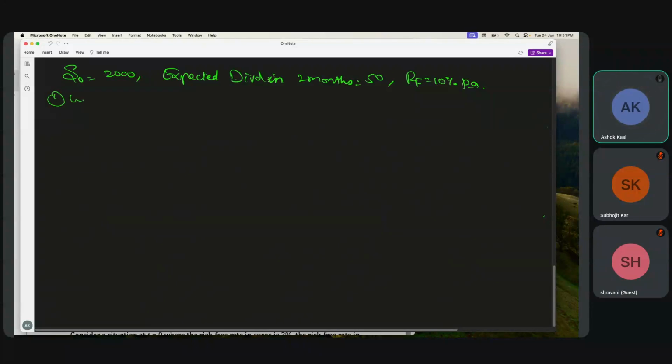So first question, what is the forward price for 1 year? Second one, after 3 months, spot is equal to 2500.